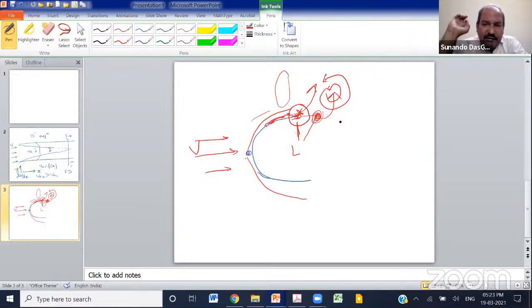A practical example of this is a golf ball. As compared to a normal ball, golf balls have dimples on them. The dimples are nothing but points which create localized turbulence, imparting more momentum to the fluid which is flowing past the golf ball while it is in motion.